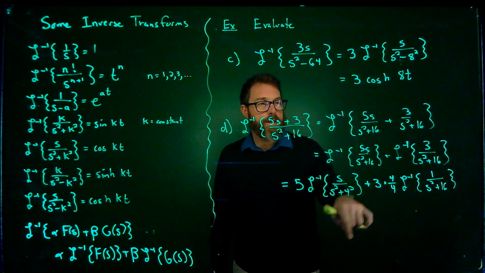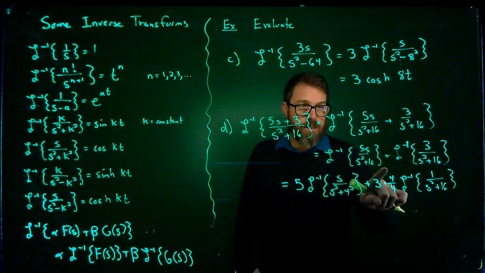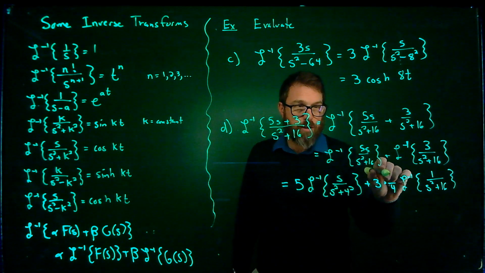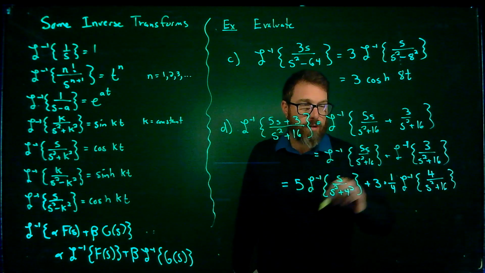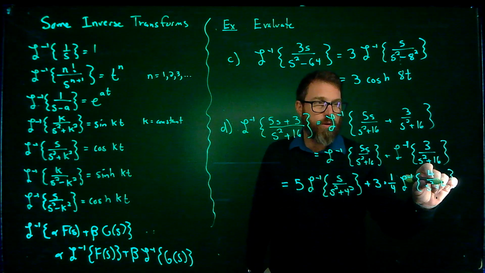Now, also remember, it allows me to put constants inside and out, so I can take this multiplication of 4 and put it up here. s squared plus 16 is the same thing as s squared plus 4 squared.